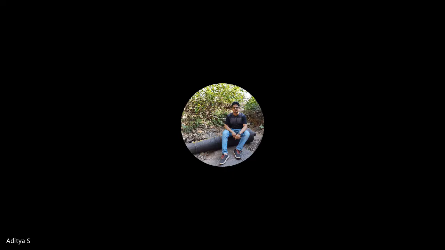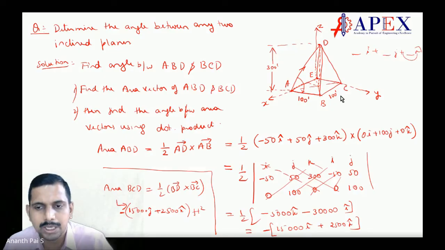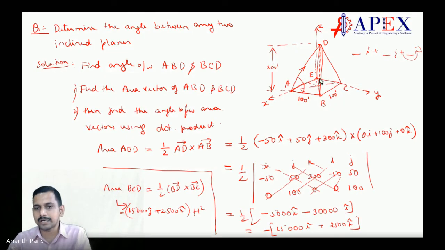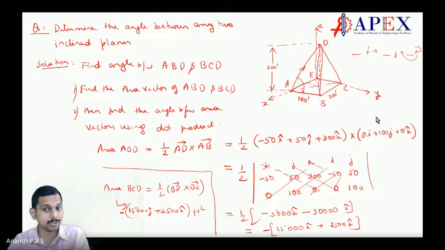Sir, I have one question regarding the previous question. The coordinates XYZ in the figure are given, or do we have to take them? See, even if it was not given, you could have done it. It's given here. So we can take it in different ways also, right, sir? Yes, exactly. But it should conform to the right-hand rule, simple and straight.